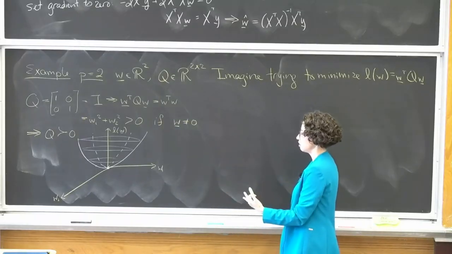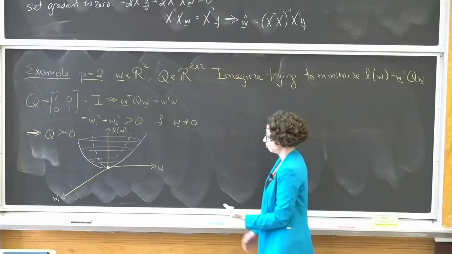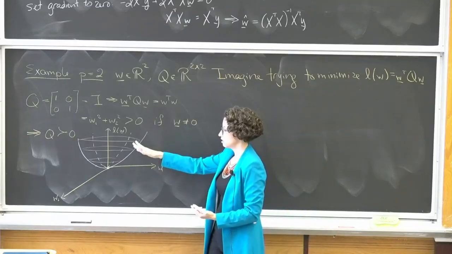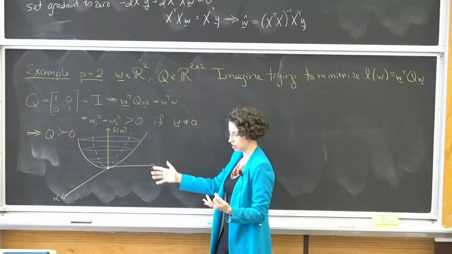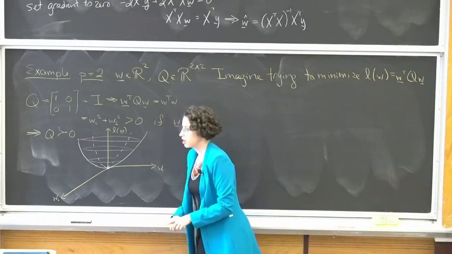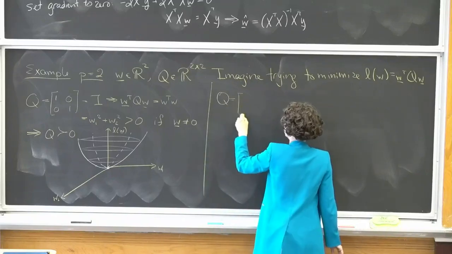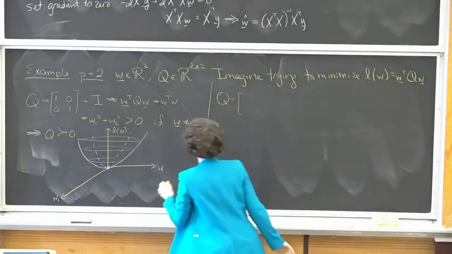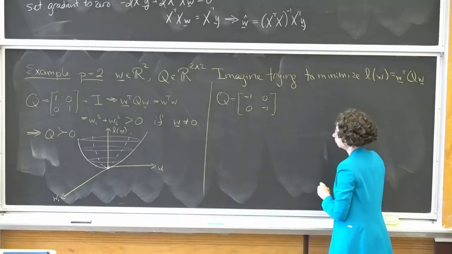So the fact that Q here is positive definite correlates with a loss function that is nice and convex, or bowl-shaped, and easy for us to minimize using this technique of taking the gradient and setting it equal to 0.